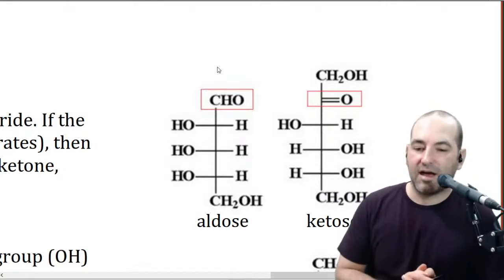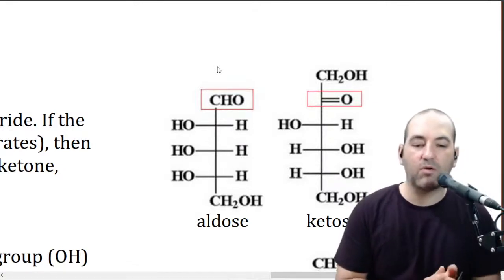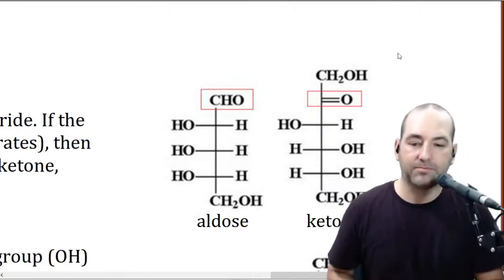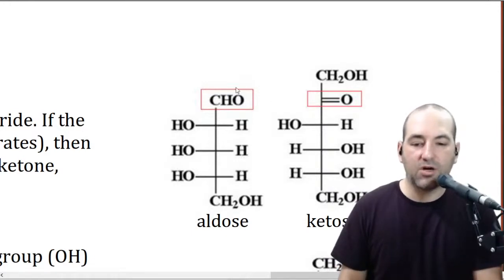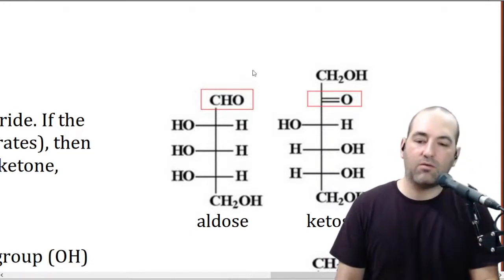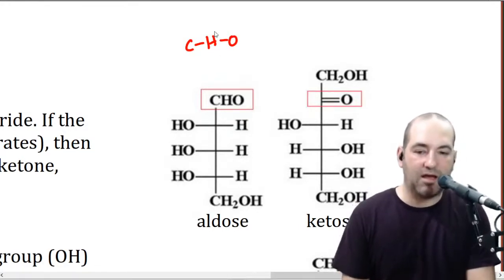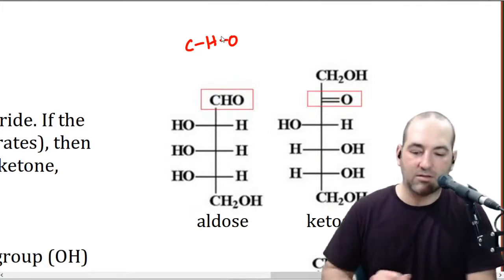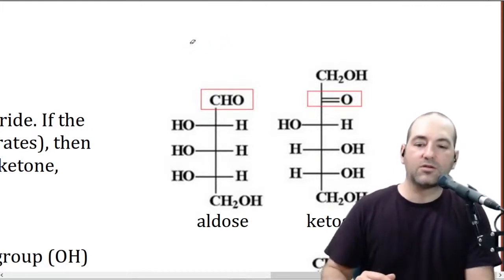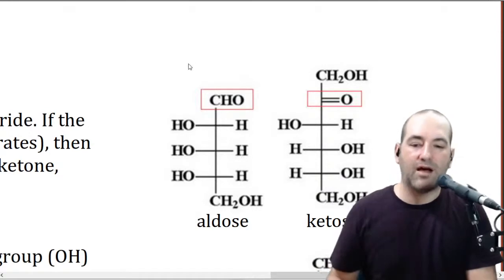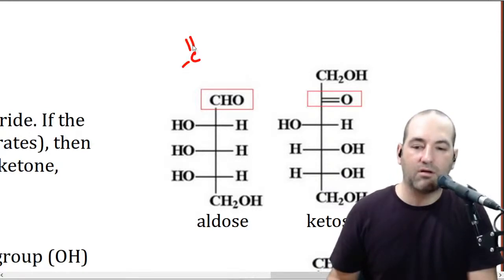Monosaccharides are classified in a couple ways. One way is by their functional group. If it's CHO, we know, or you can probably guess, it is not a carbon with two bonds to hydrogen, because hydrogen can't have two bonds. So CHO is actually a shorthand for an aldehyde functional group where the H and the O are both connected to the carbon.